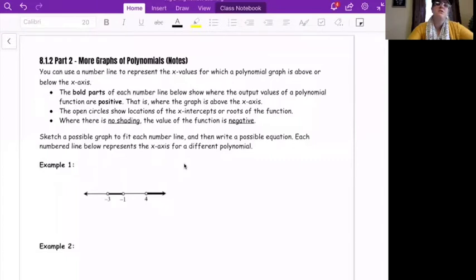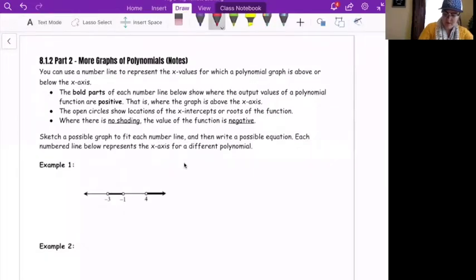Okay, so we're going to talk more about the graphs of these polynomials. And so we're going to go from these number line graphs to then thinking about what the graph would look like. Anytime that we have the bolded, that means that it's going to be positive or above the x-axis.